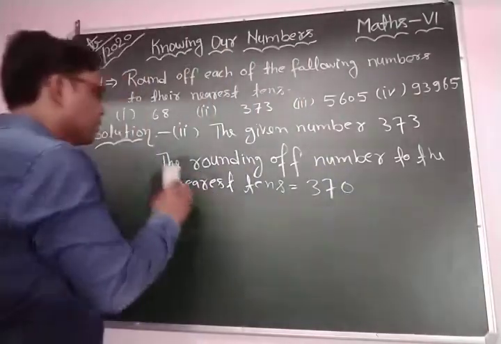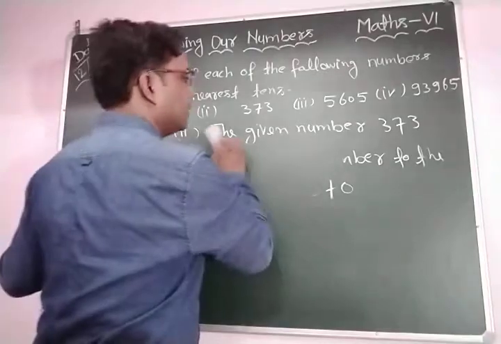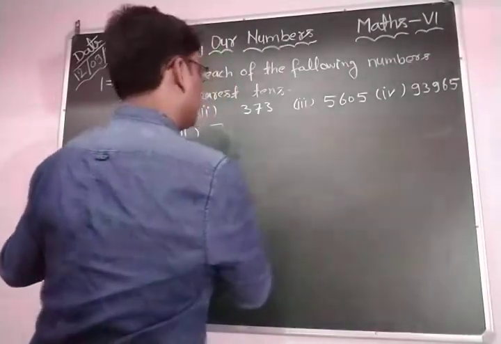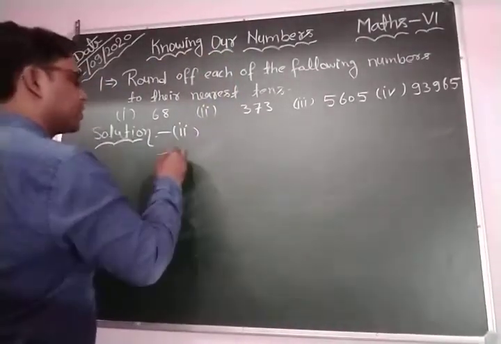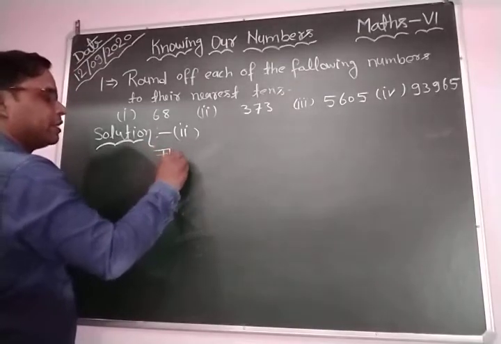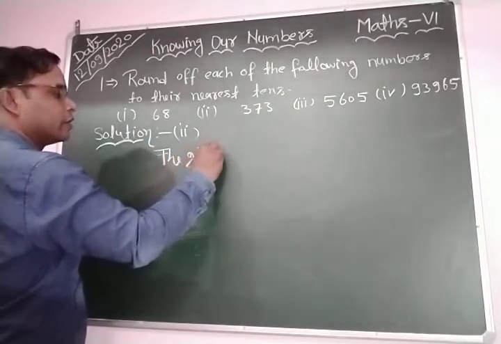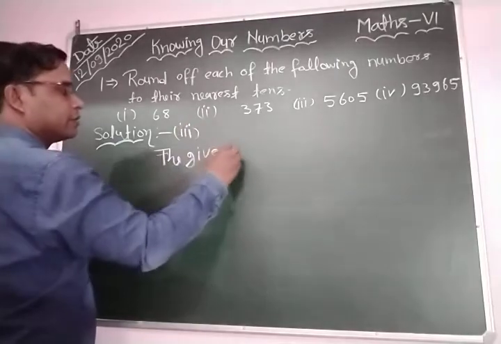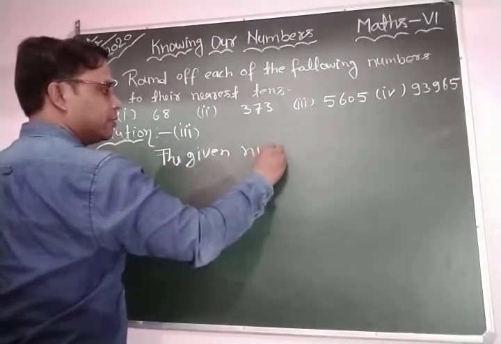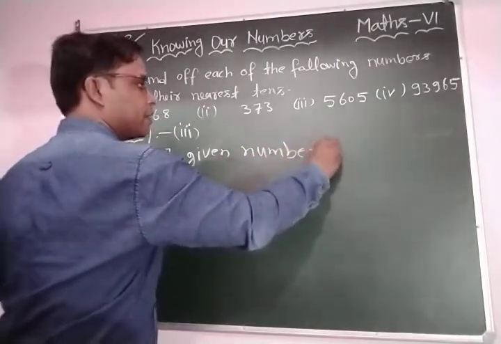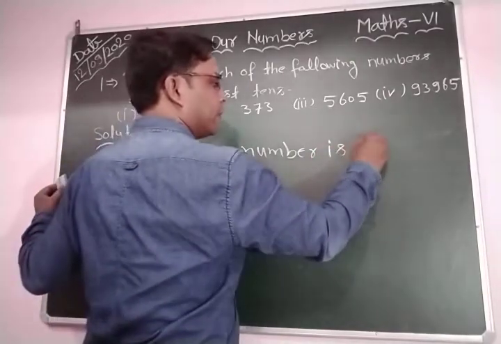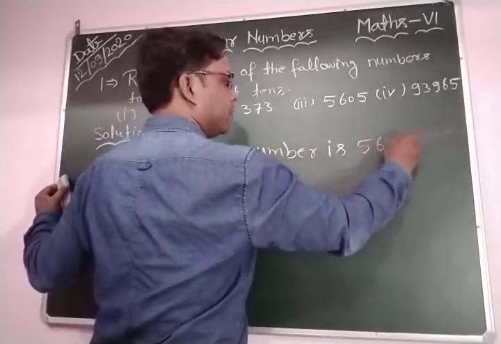So for this you can write it. The given number is 5605.